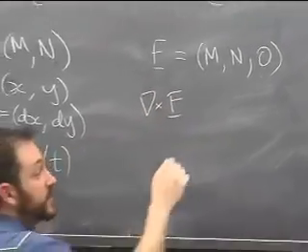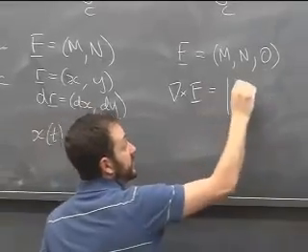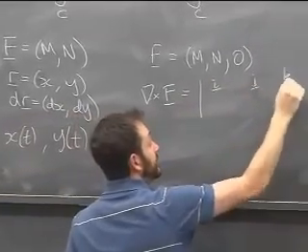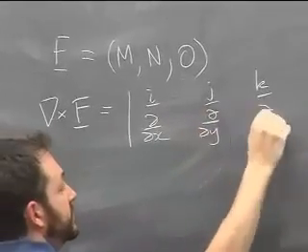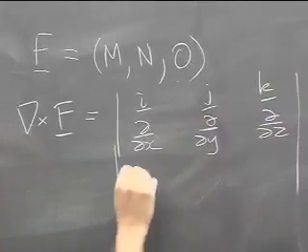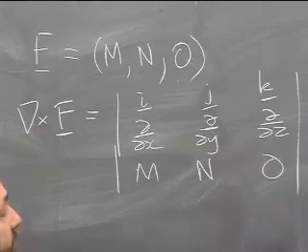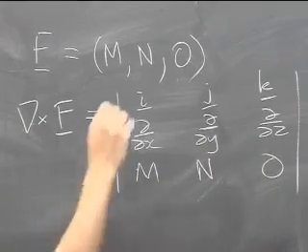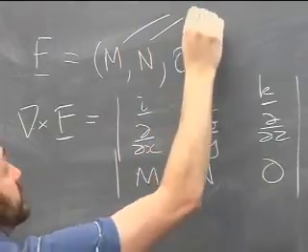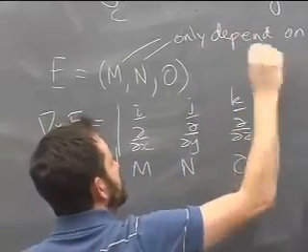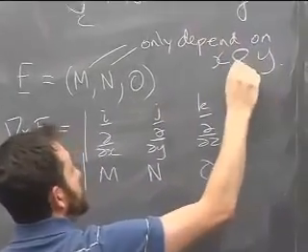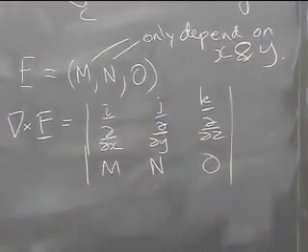The curl would be the determinant of i, j, k; d/dx, d/dy, d/dz; M, N, 0. They're functions of x and y alone.